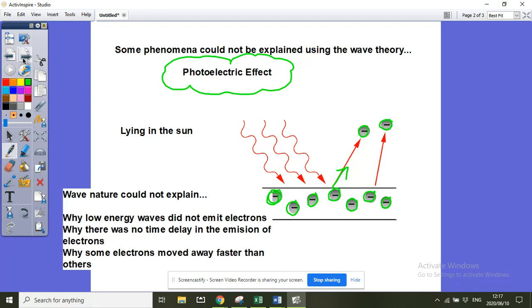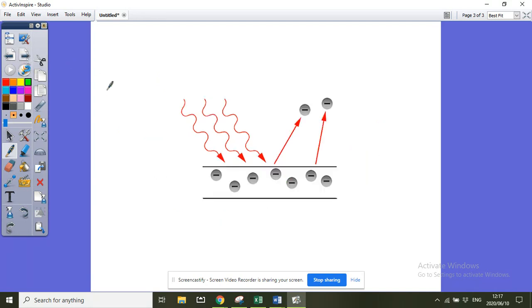So this is what Einstein then said. He said, fine, let's look at light in a different way. So we know already that light has energy. And from the previous lesson, we know that this energy is equal to H times F. So the energy that the light comes in with is a specific energy that we could calculate, because we've done it in the previous lesson.